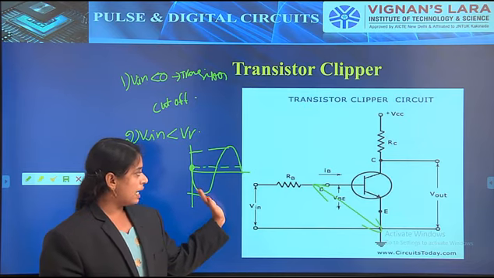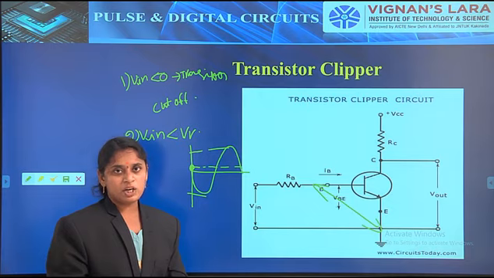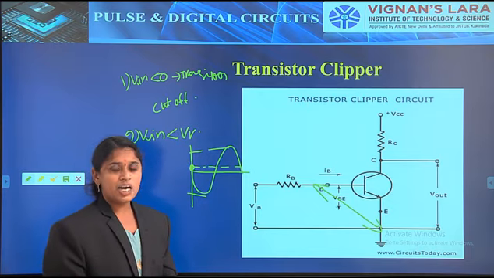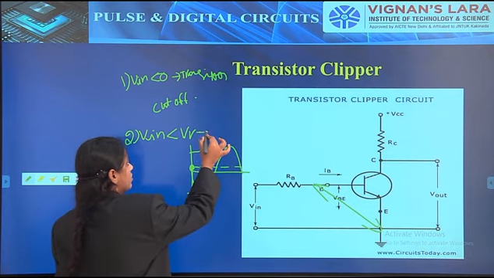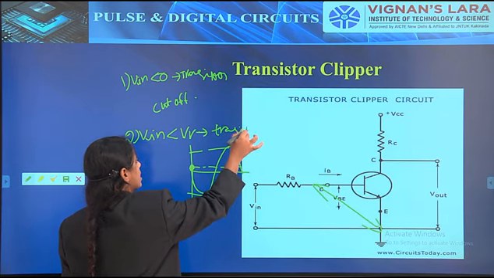So up to V input less than V gamma, the transistor must be in off condition, nothing but the cutoff region.